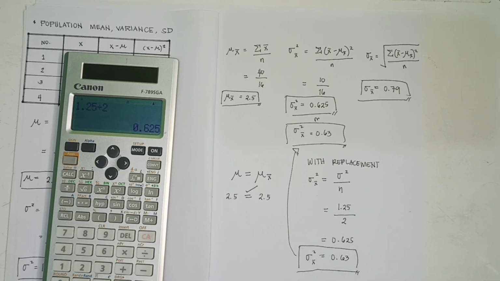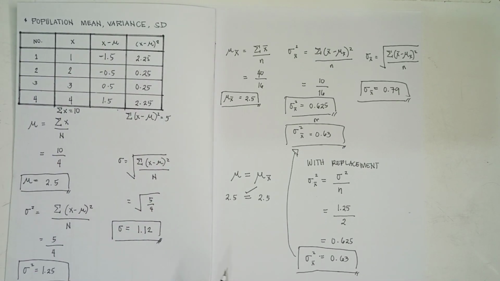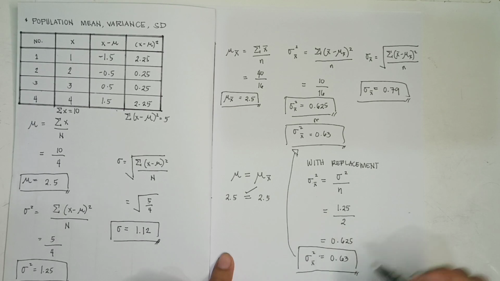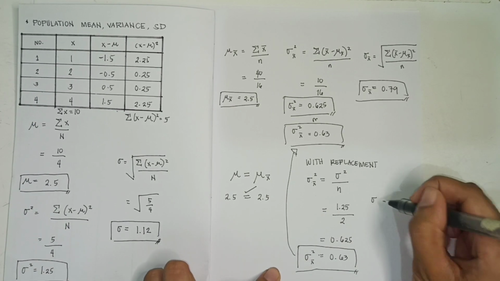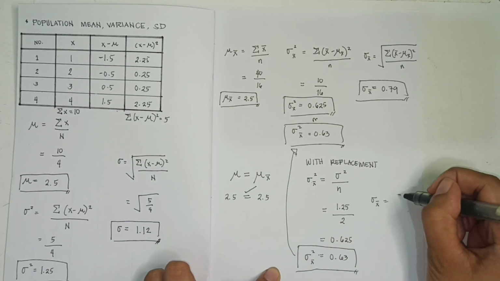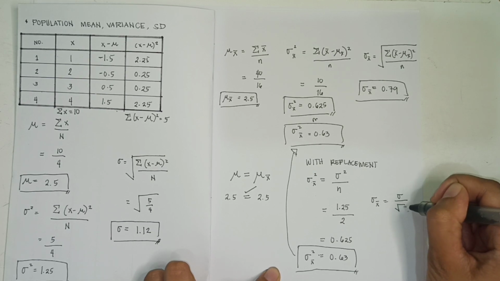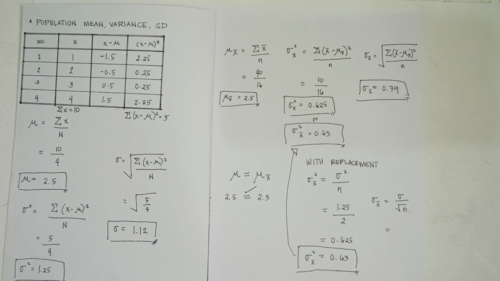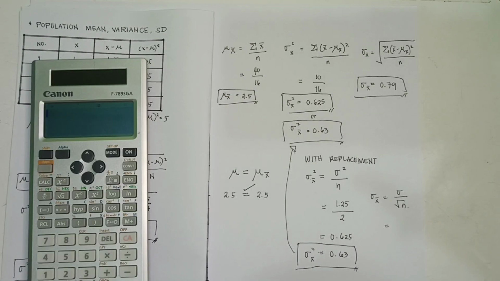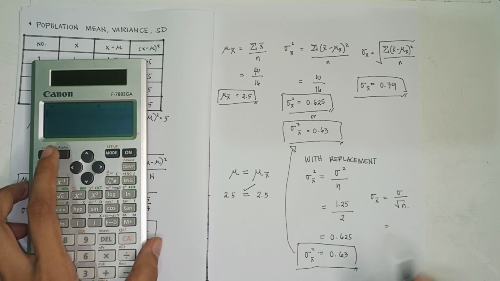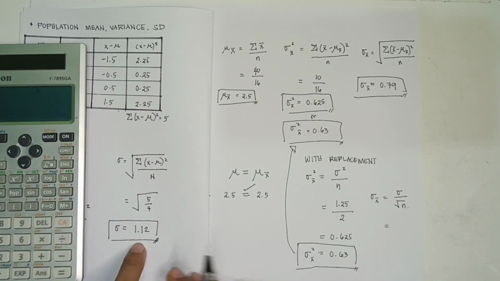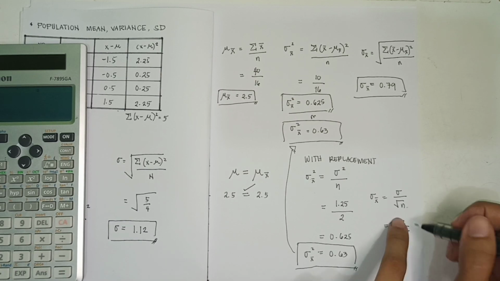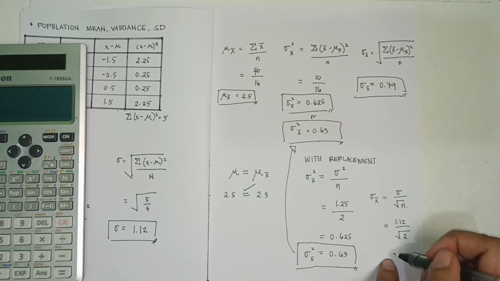Okay? So, next is for the standard deviation. So, sa standard deviation naman, we have sigma sub x bar is equal to sigma over the square root of n. Okay, and that is equal to, so yung value ng sigma natin, which is 1.12, over the square root of n, ang n natin is the sample size, or square root of 2.